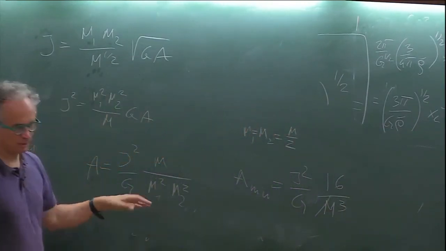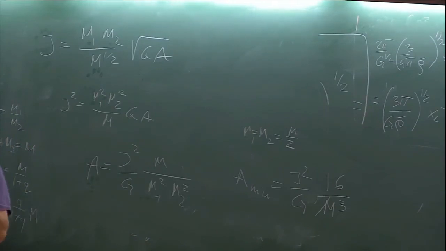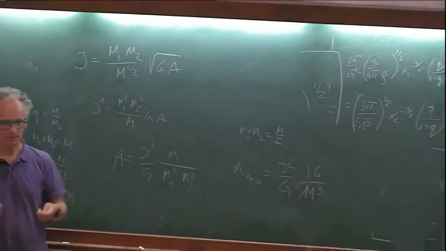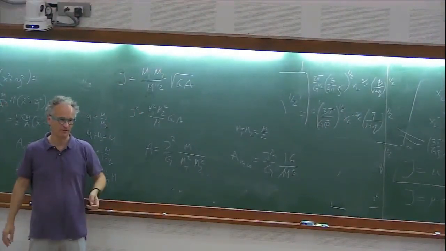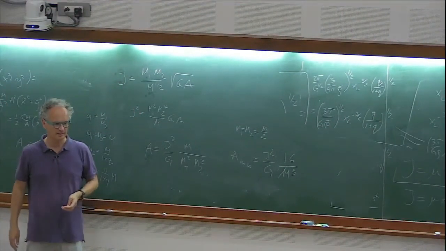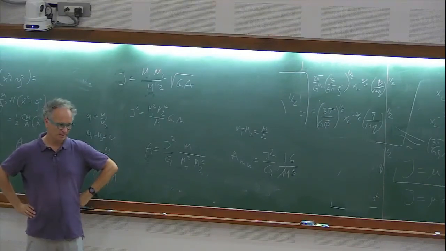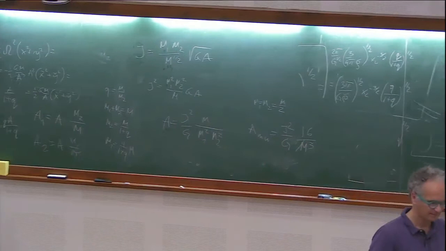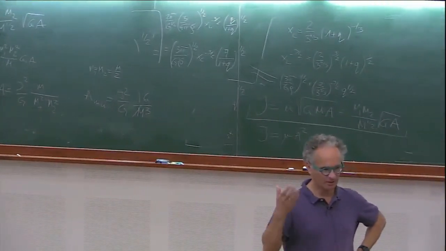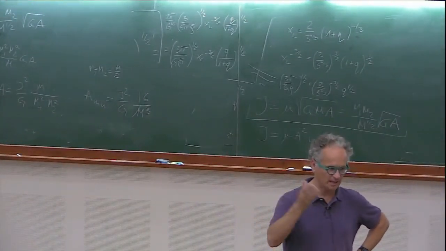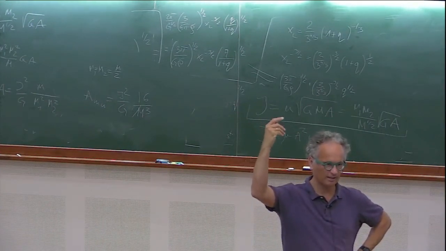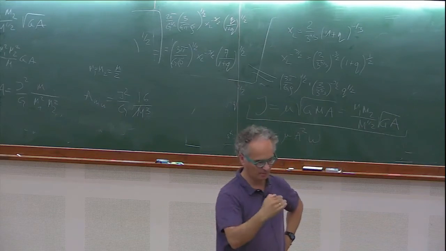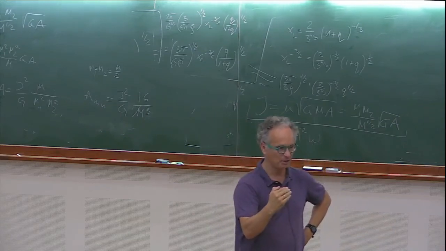And so if this is the minimum, then if we move away from this minimum, A is going to increase. So if we transfer mass from a more massive to a less massive companion, what will happen to the orbit? We are going along this line, A of M, towards the minimum.